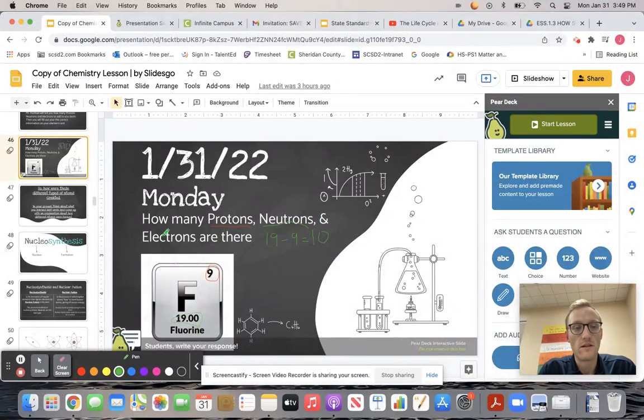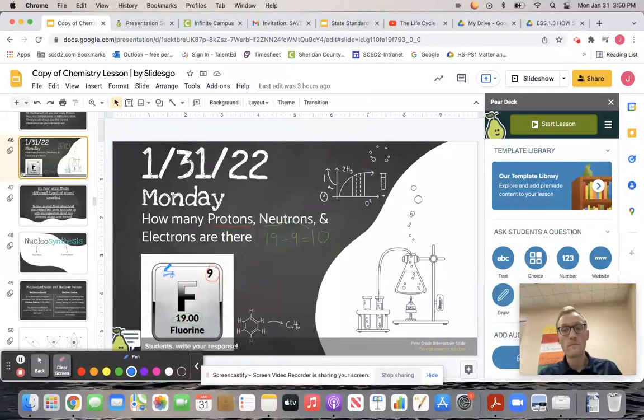Now, electrons are still a little bit trickier, but basically we don't see any sort of charge up here. We don't see a +1 or a -1, and so that tells us that this atom is neutral. One thing a lot of people do is say, "Oh, it's neutral, that means there's 0 electrons."